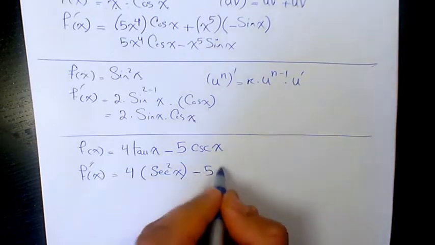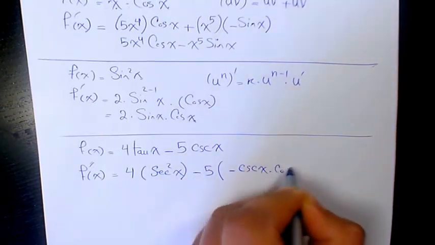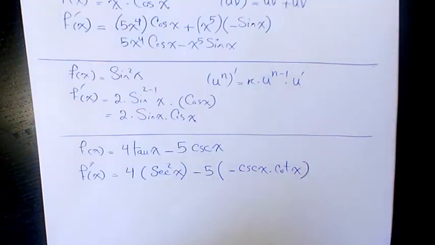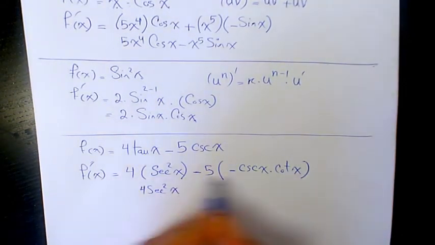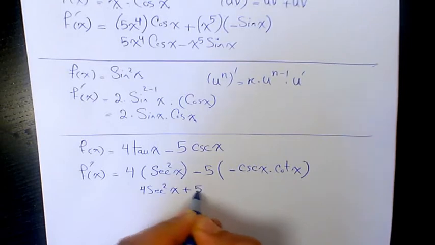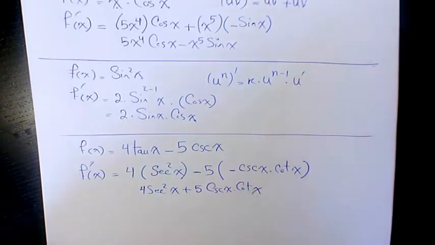Derivative of cosecant x is negative cosecant x times cotangent x. Then when you simplify it, it's going to be 4 secant squared x, negative times negative, plus 5 cosecant x cotangent x.